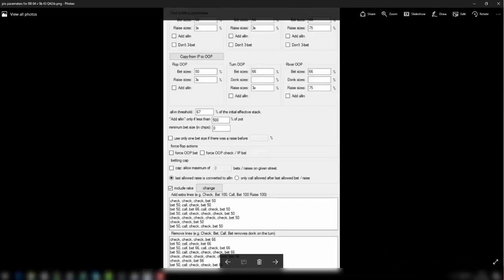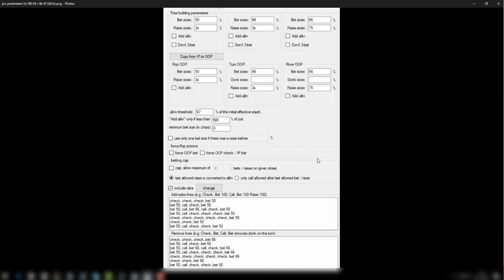Here are the parameters I've used in the solve. So the ones I've shown you so far, with 50% on flop, 66% turn and river, but if the bet on the turn and river is like a stab or a delayed c-bet, rather than a barrel being continuing aggression over from the previous street, then I've dropped the sizing down to 50% instead of 66% with these amendments.